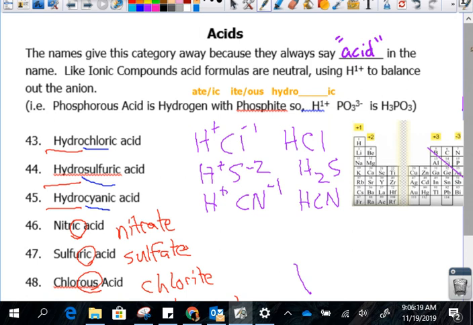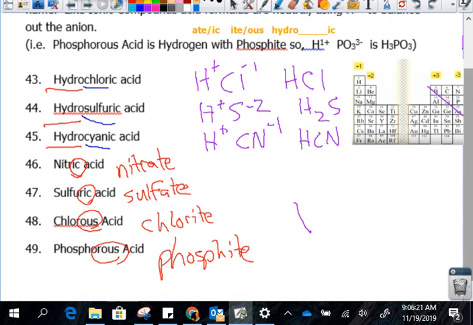Now we need to do these polyatomics. Let's just switch colors for fun. Hydrogen is a +1 charge, and nitrate is NO3 -1. +1s and -1s balance out, so that's HNO3.